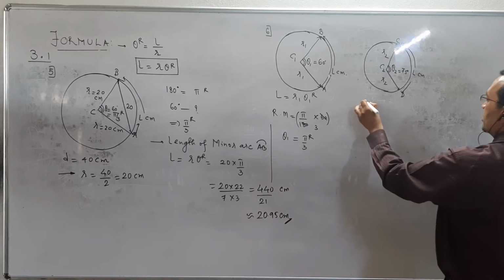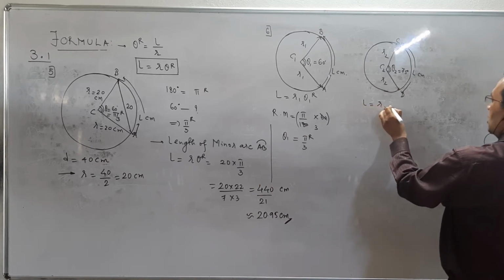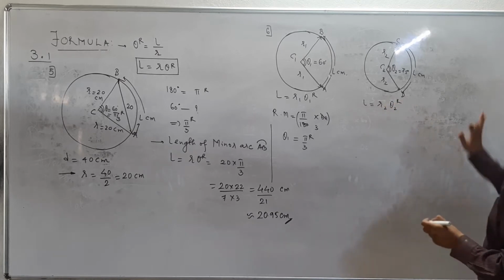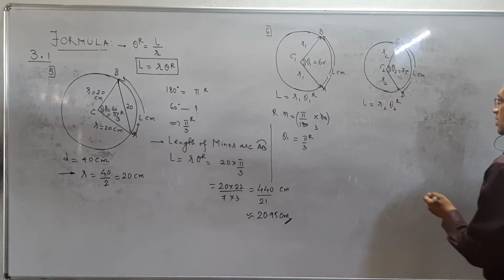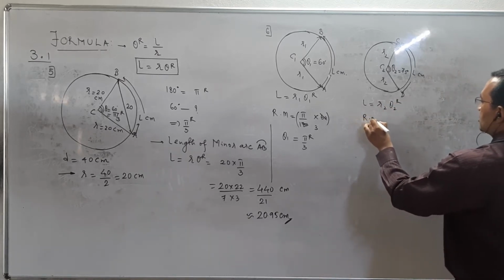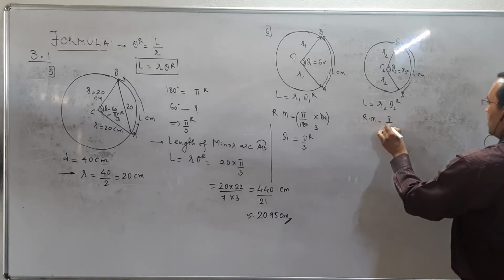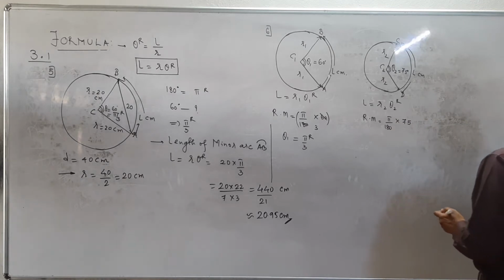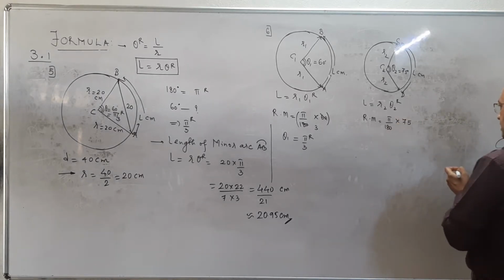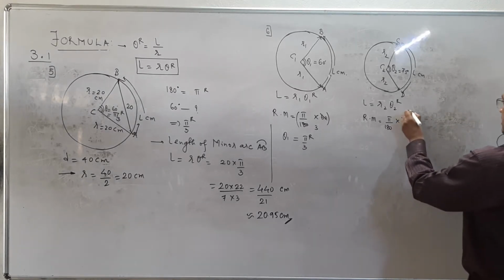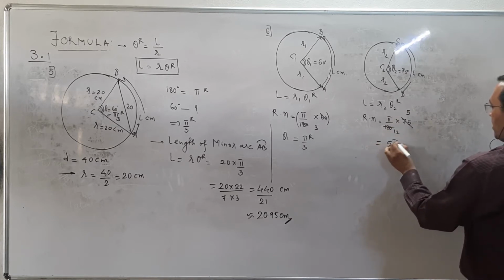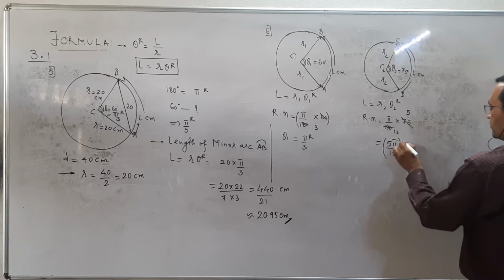Now here the arc length L is equal to R2 theta 2 radian, because the arc length is the same. So again the radian measure of the angle will be pi by 180 into 75. Dividing by 15, 15 fives are 75 and 15 twelves are 180. So this is 5 pi by 12 radian.